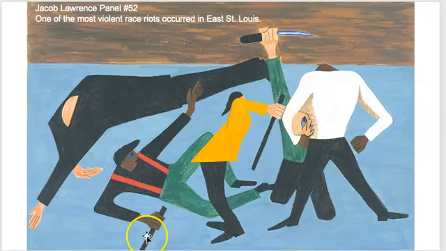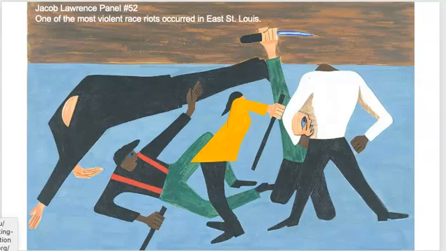But all of these diagonals create a lot of energy, a lot of movement. He also has oversized hands here. And the way that the people are on an angle is very unique. It's creating a lot of visual interest.